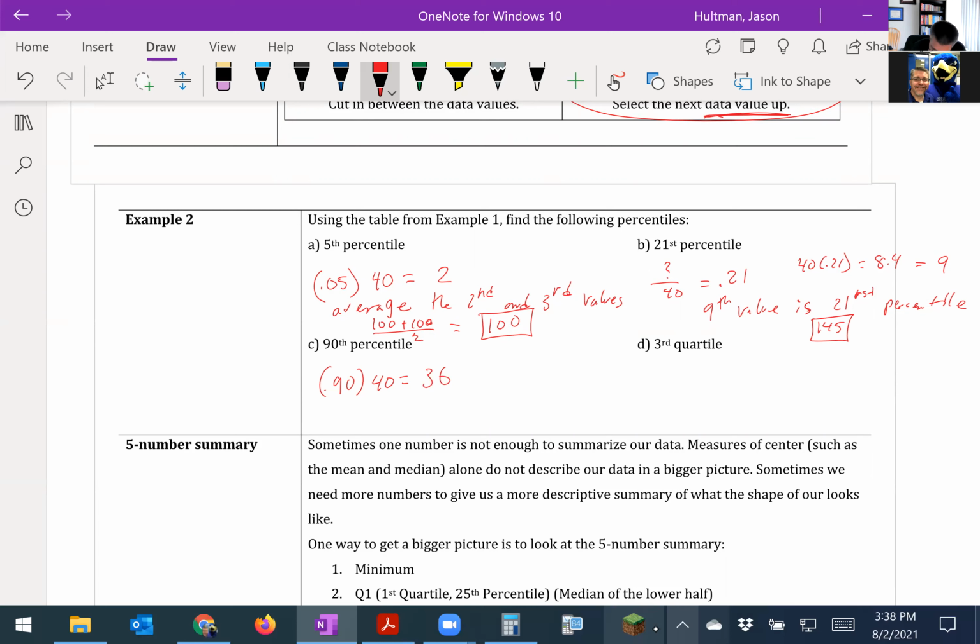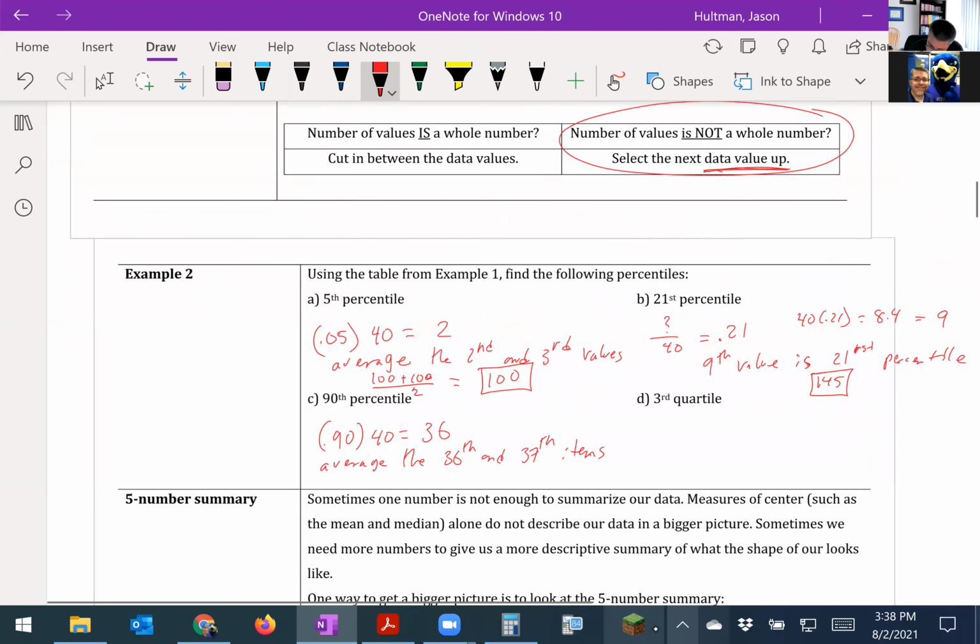So I'm going to look at the 36th and 37th items. So we want to average the 36th and 37th items in our data set.